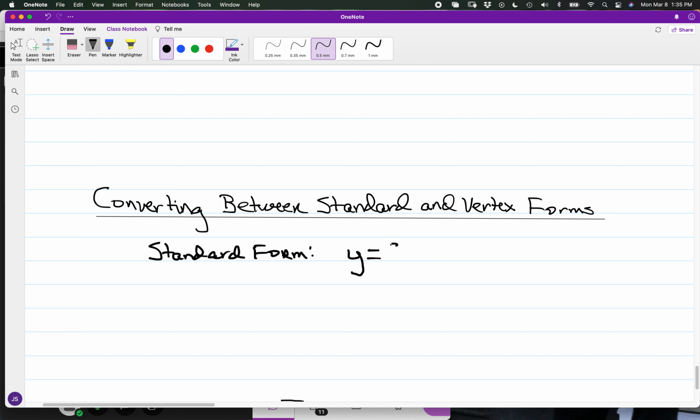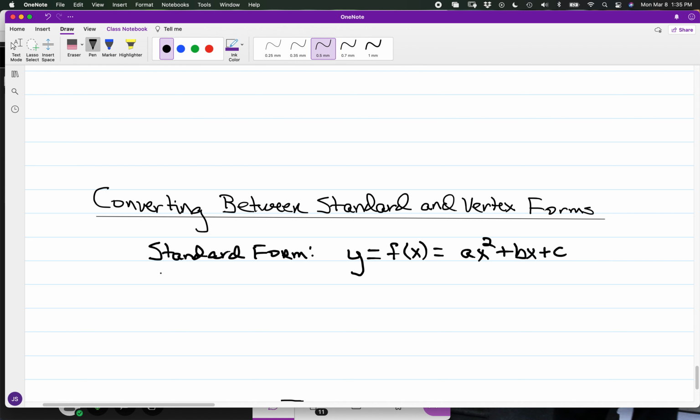For the standard form, we have y is equal to f of x, is equal to ax squared plus bx plus c.